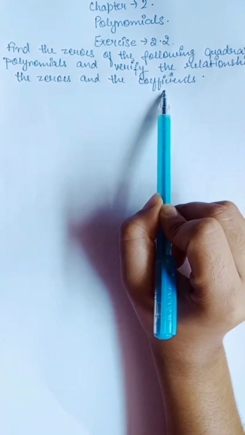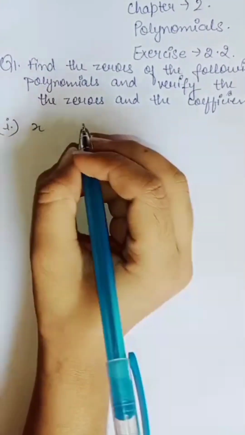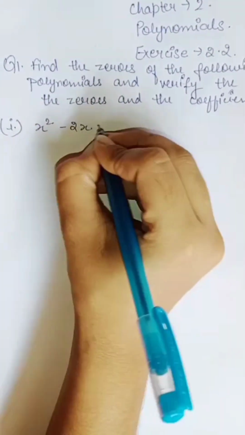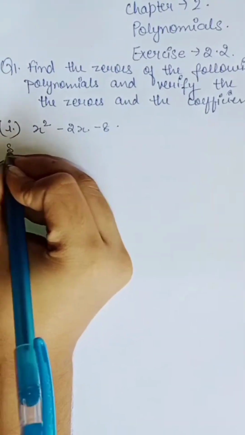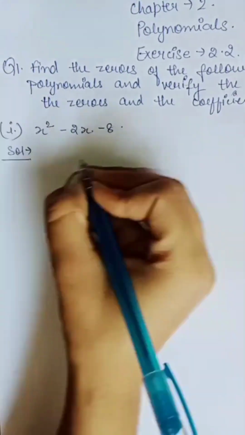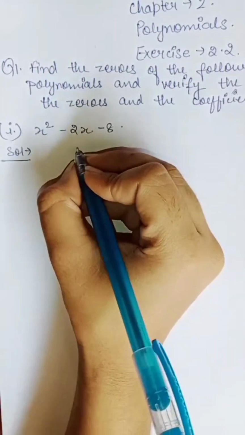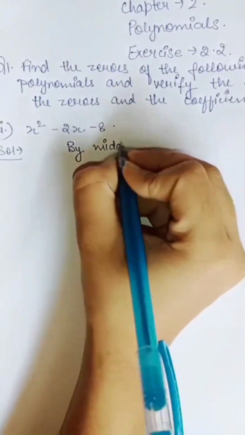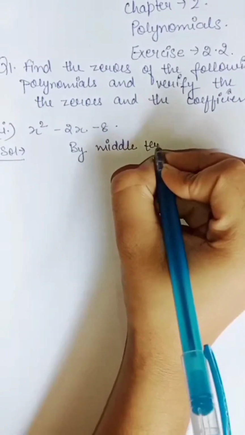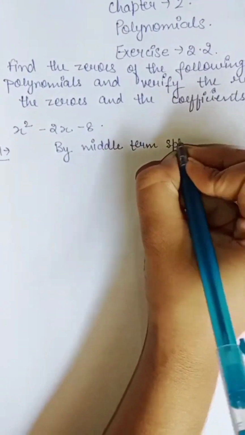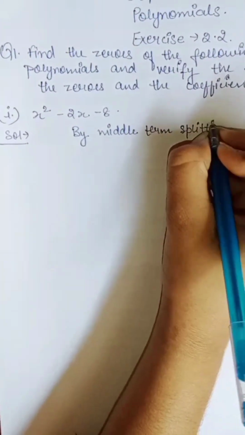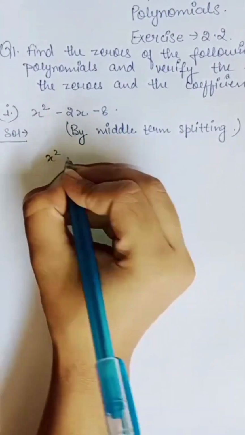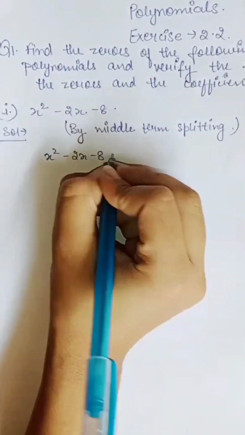So let's get started. The first part is x square minus 2x minus 8. For this polynomial, first we will have to do middle term splitting. So by middle term splitting, x square minus 2x minus 8.